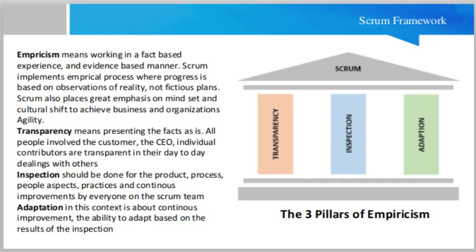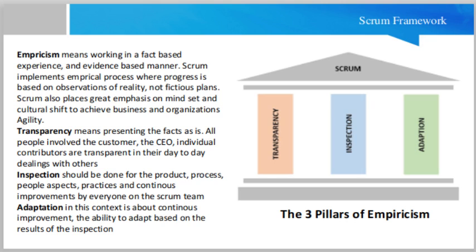Now friends, remember one thing: the Scrum framework has three main pillars, called the three pillars of empiricism. Those pillars are transparency, inspection, and adoption. What is empiricism?